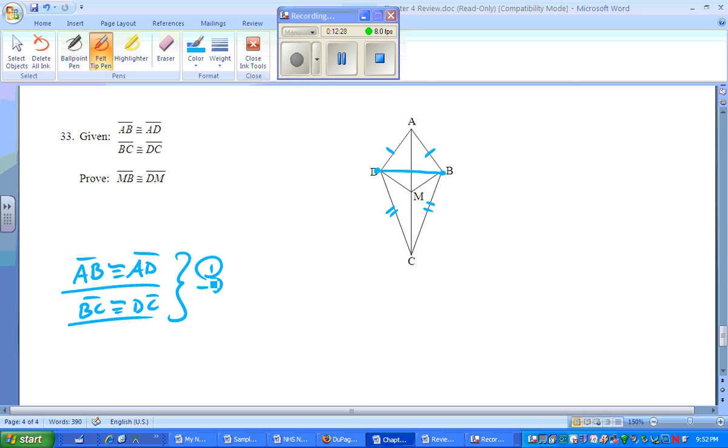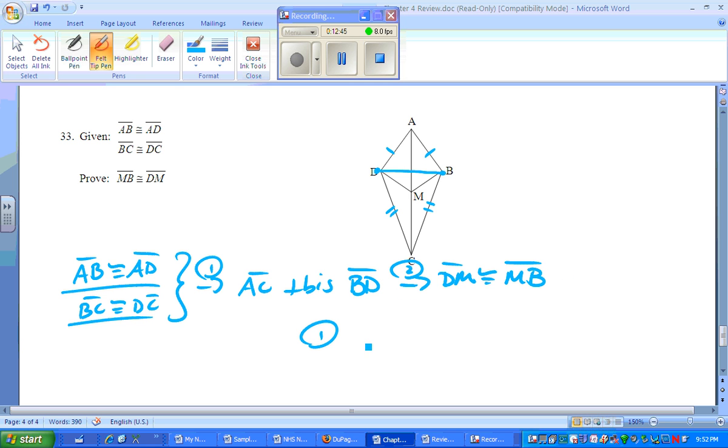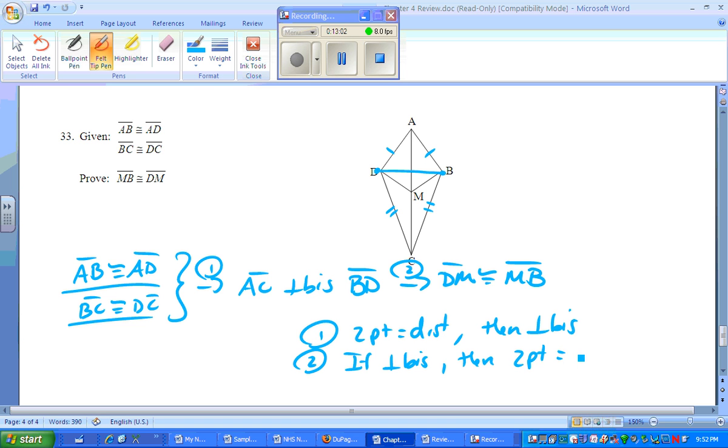These two together give me that AC is the perpendicular bisector to BD, which then states that DM is congruent to MB. Reason 1, two points equidistant, then perpendicular bisector. And reason 2 is if perpendicular bisector, then two points equidistant.